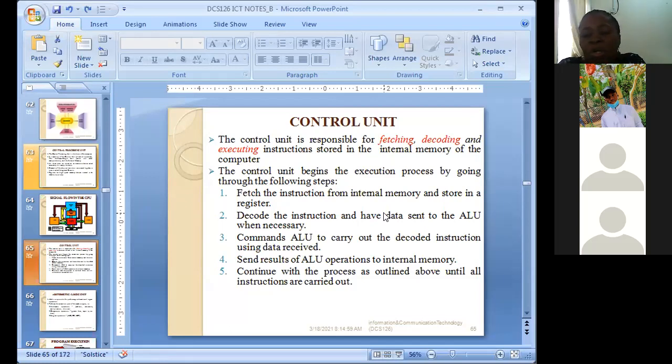Okay? It will fetch the instruction. It will decode. Decoding means interpret it. Find out what this instruction is saying. What does the instruction require the computer to do? So once it has decoded, then it will go on to ensure that those instructions are executed.